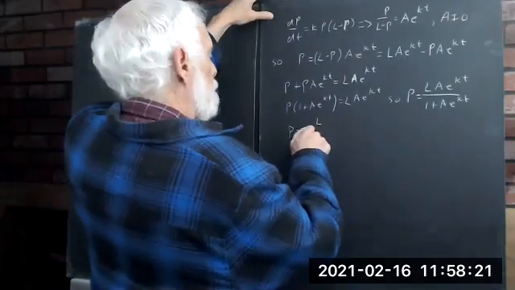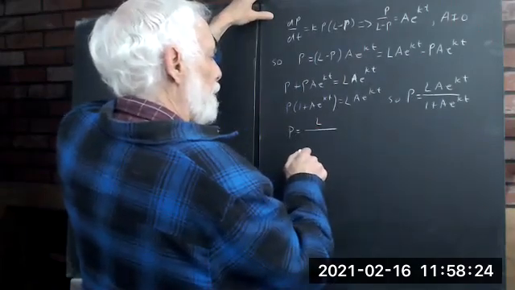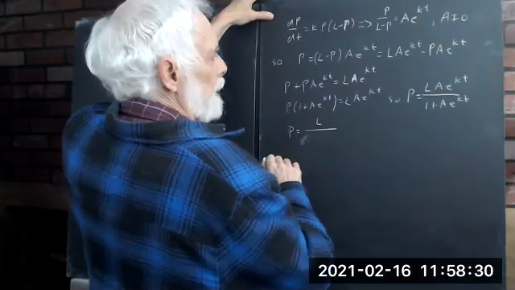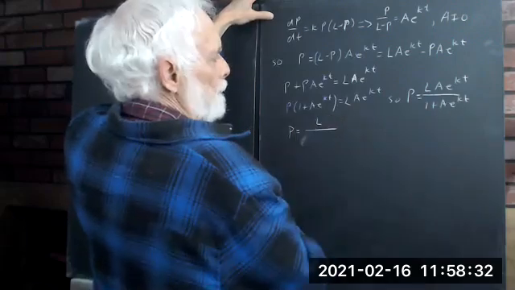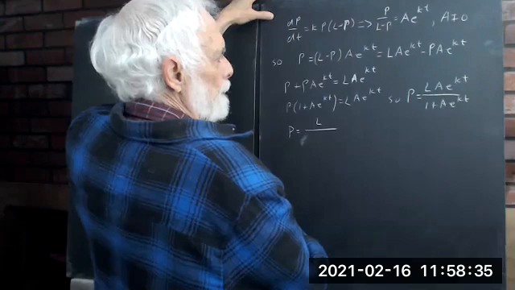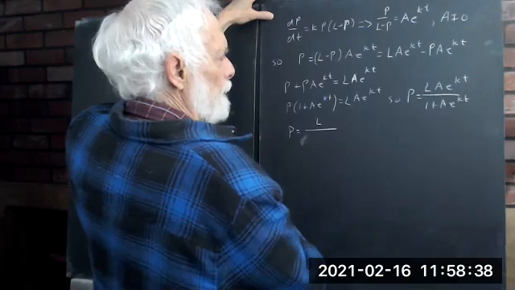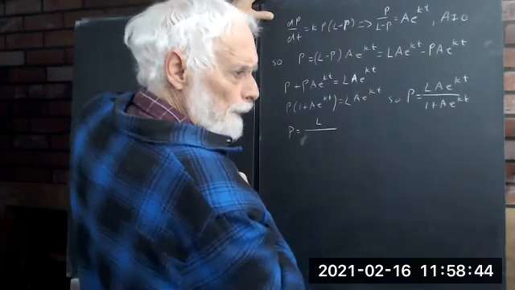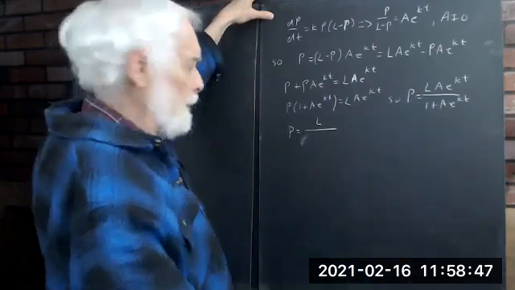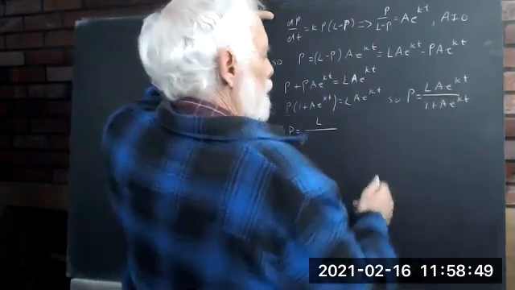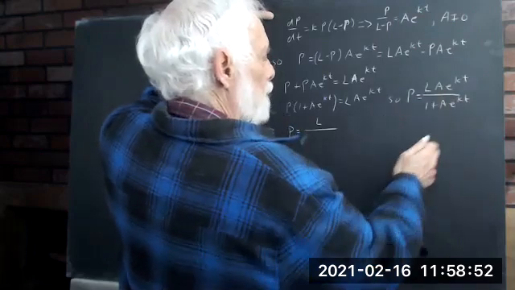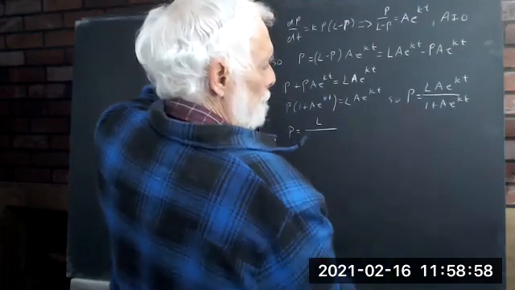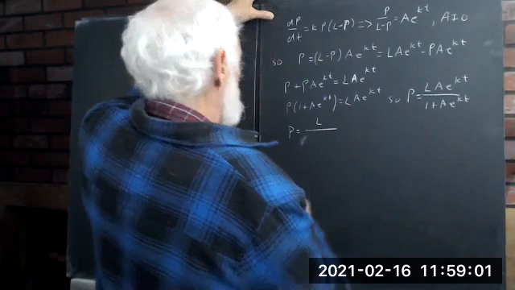So P equals L divided by, actually, I want to end up with reciprocal A in the denominator. It's just a matter of taste. If I divide by A e to the KT, then I'm not going to have an A up here. I'll get rid of this A here, but I'll have a 1 over A here. I'm going to write it both ways.